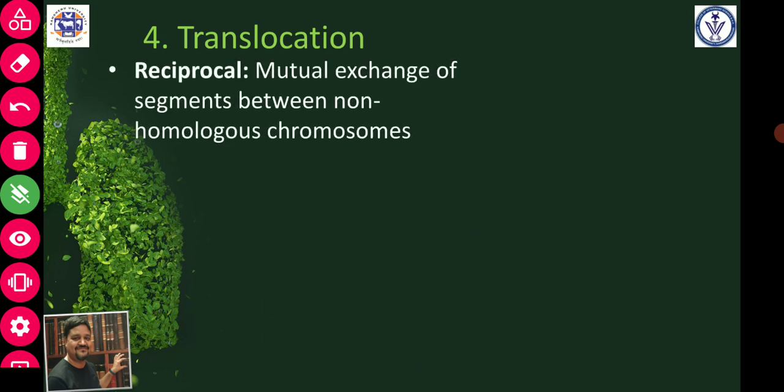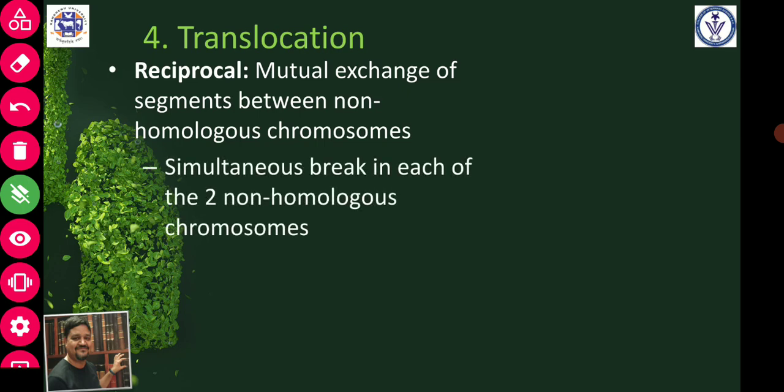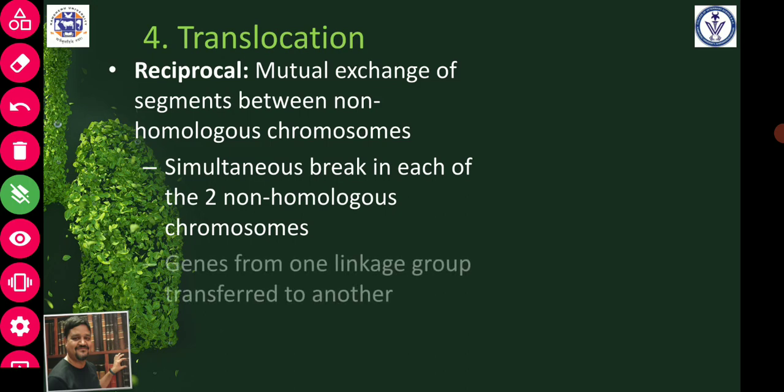Now, reciprocal translocation. Reciprocal translocation, as the name suggests, is the mutual exchange of segments between non-homologous chromosomes. There will be simultaneous breakage in the two non-homologous chromosomes, and then there will be exchange of genetic material.